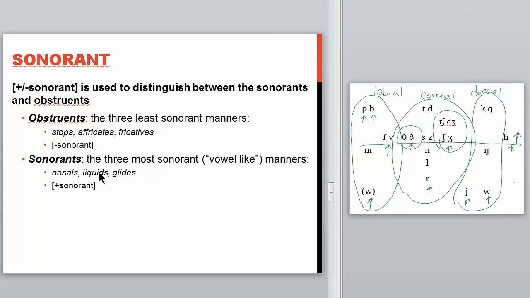So nasals, liquids, and glides can be considered to be more vowel-like and are therefore plus sonorant, whereas stops, affricates, and fricatives are more consonant-like, minus sonorant. And it's noteworthy that obstruents and sonorants are keywords that describe the natural classes of minus and plus sonorant.